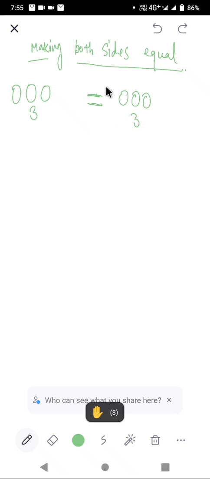Then we will put this equal to sign, when both the things on left hand side and right hand side are equal. This is left hand side. You can write in short form also, LHS left hand side, RHS right hand side. When you put this sign, then you need to take same number on both sides.